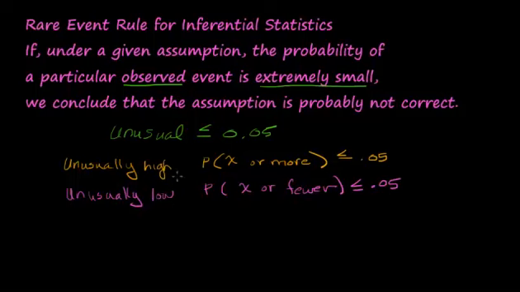So I'm referring this to our discrete probability distribution, where these are counts. So x or more we counted, and the probability of 6 or more, for example, light bulbs in the box that are defective, if the probability of that happening is less than 5%, then we would say, wow, that's unusual. Or the probability of x or fewer, so it's a count. So we're counting, do we have x or do we have fewer?